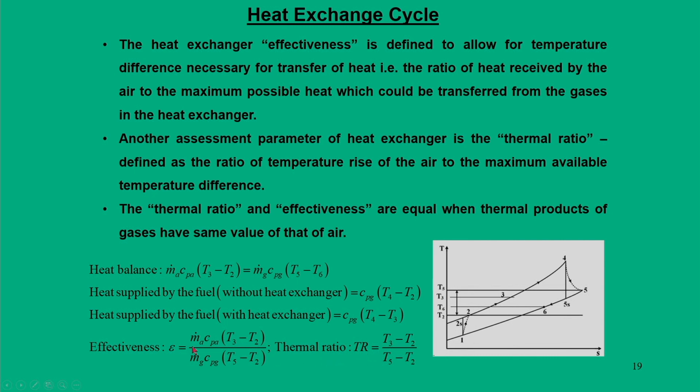If the ratio m dot a Cpa divided by m dot g Cpg is unity or close to unity, then instead of writing effectiveness, we simply write thermal ratio, because mass flow rate and Cp values have no role in it. So, the thermal ratio and effectiveness are equal when the thermal products of the gases have the same value as that of air.